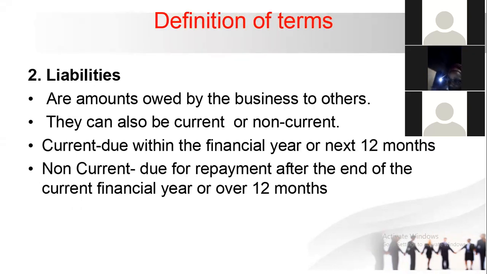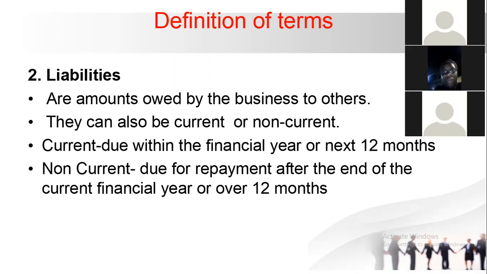Now, we want to move to the second item on the accounting equation, which are liabilities. Liabilities are amounts that we owe to other businesses. So when we are in operation, sometimes we might find that we face difficulties in financing our operations.